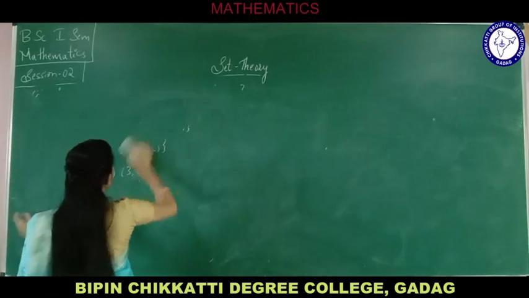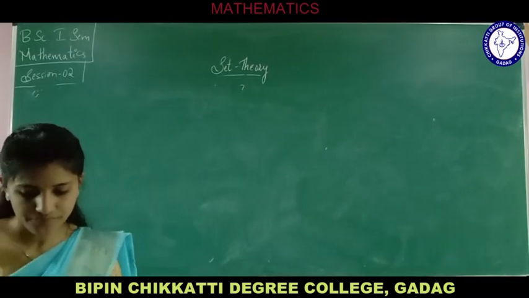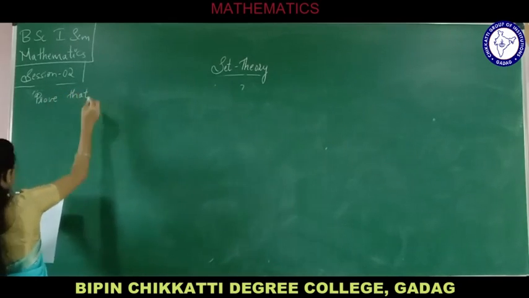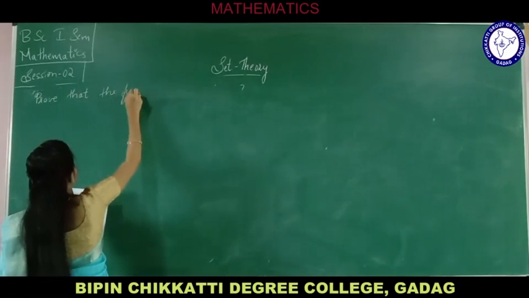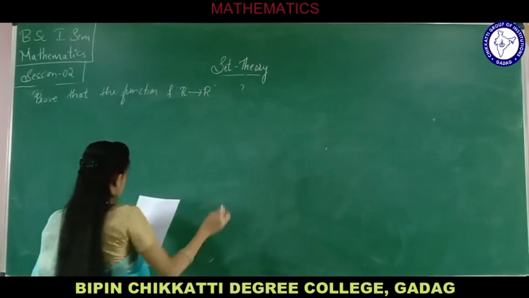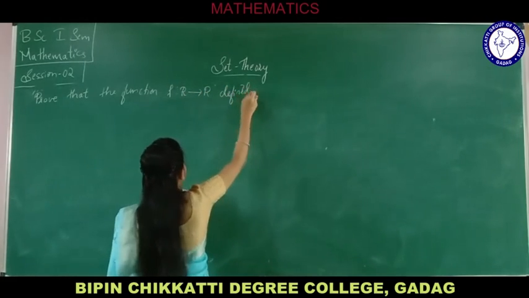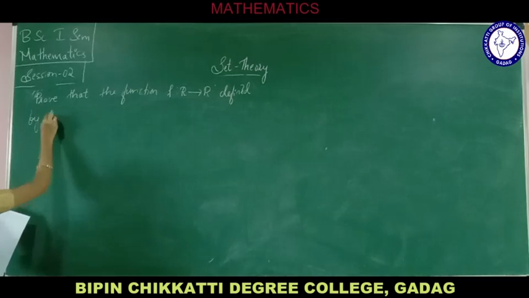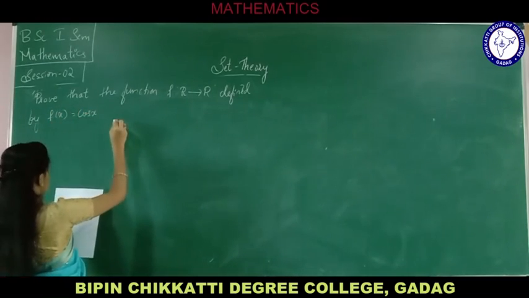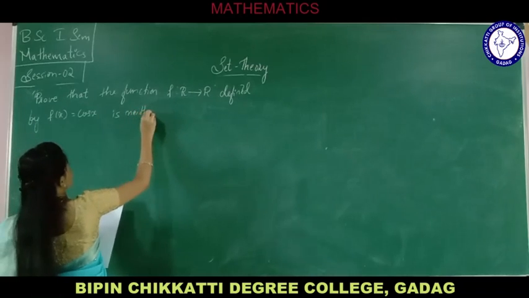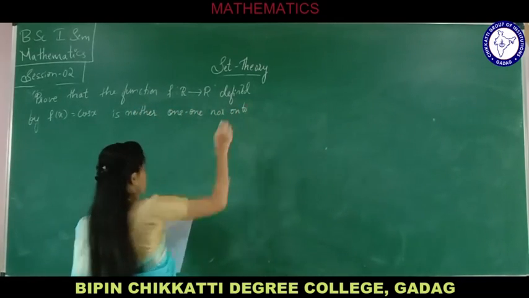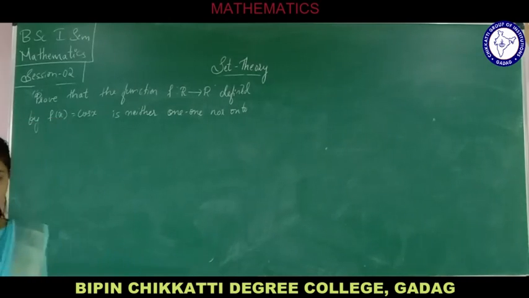Let us consider that we need to prove that the function f from R to R, defined by f of x equals cos x, is neither 1-1 nor onto.